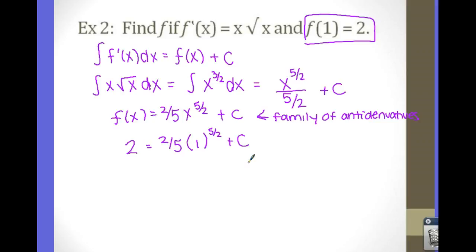If I have a given condition, I can find the specific family member using my given. 1 to the 5/2 is still 1, and 1 times 2/5 is 2/5. So you get 2/5 plus c equals 2. I subtract 2/5 from both sides, so c is equal to 1 and 3/5.